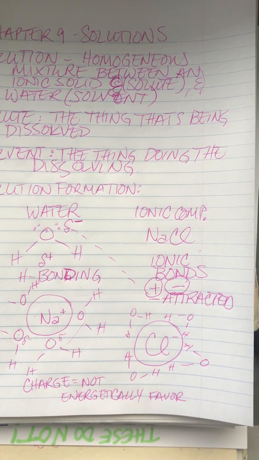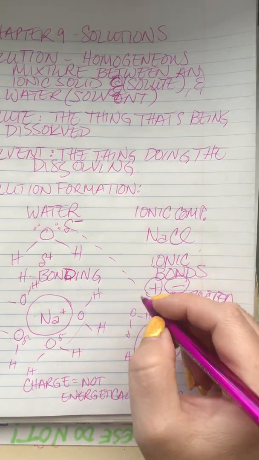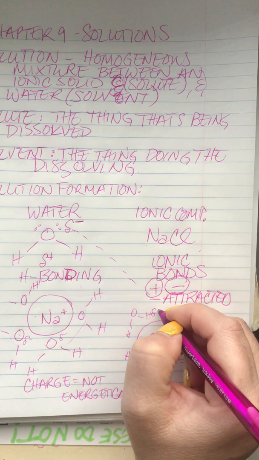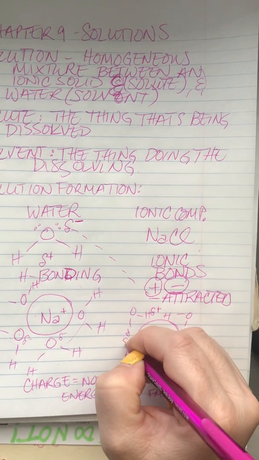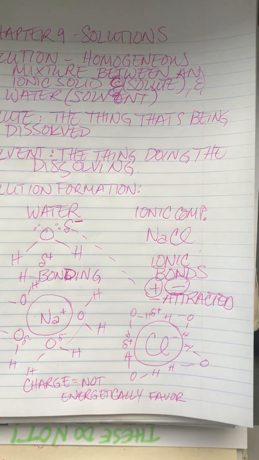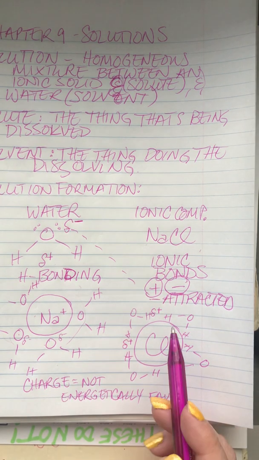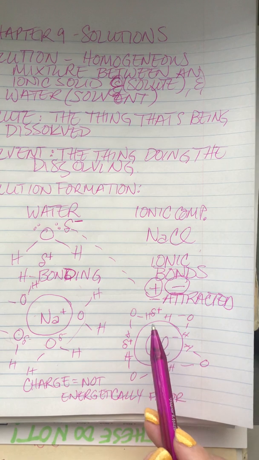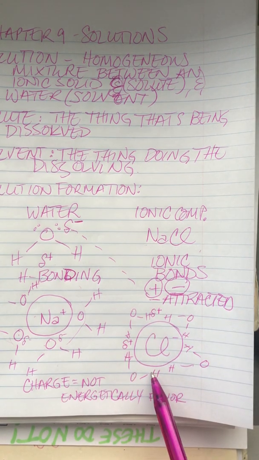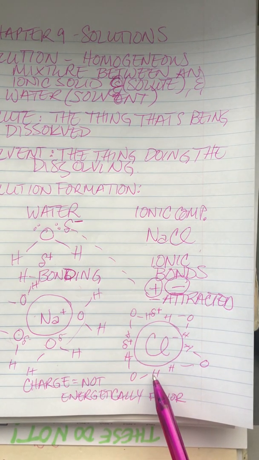Again, not super cute, but you get the idea. So we have this negatively charged ion and these partially positive hydrogens. Those partially positive hydrogens are making a little water blankie around the chloride ion, which helps make the chloride ion more comfortable. Does that make sense?